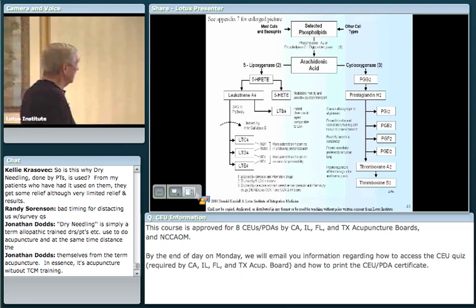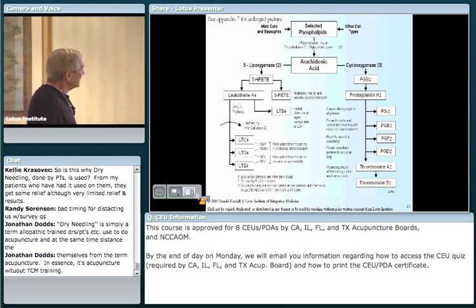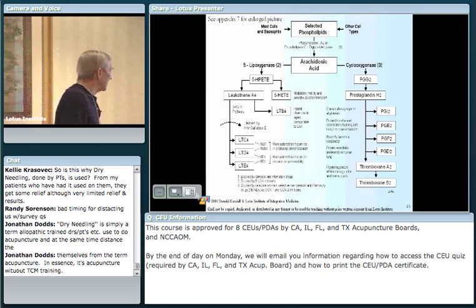Then we have the arachidonic acid that produces cyclooxygenase, and then that is non-selective, blocked by selective and non-selective non-steroidal agents. And then we have 5-lipoxygenase, and they just call it 5-LOX now, I think, or something like that.